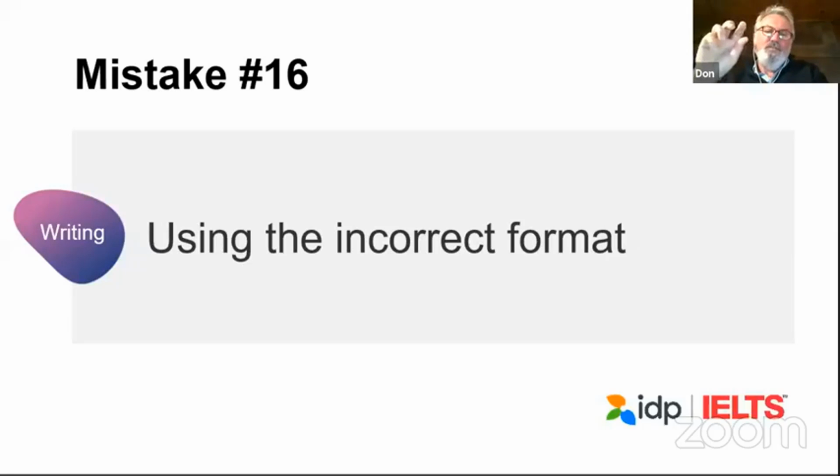You must use full sentences and full paragraphs when you write an IELTS essay. And I know in some disciplines at university, using bullet points is okay. Using numbered lists is okay. Using subheadings is okay. In some disciplines, but not all. Make sure, though, that in the IELTS writing, it's always full sentences and full paragraphs.